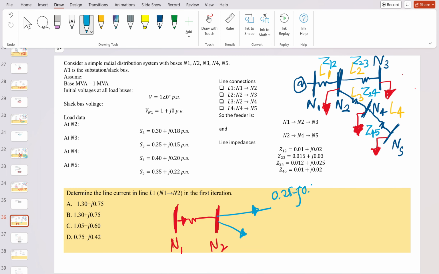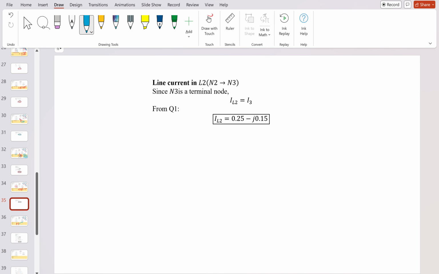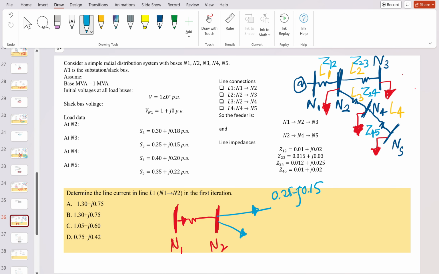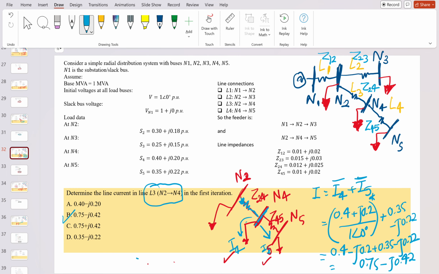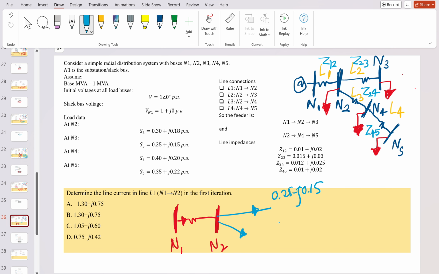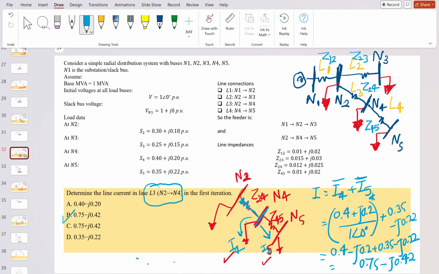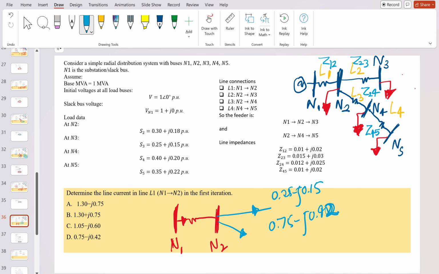minus j 0.15. Okay, that is 0.25 minus j 0.15. And let's see what is the current which was flowing from N2 to N4. So N2 to N4 it was 0.75 minus j 0.42. Okay, so this was the overall.